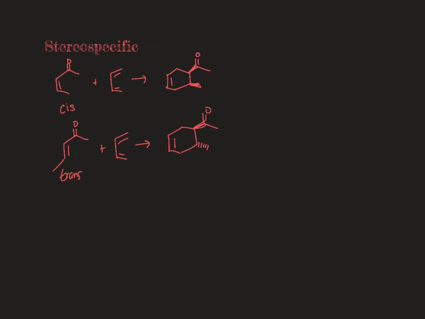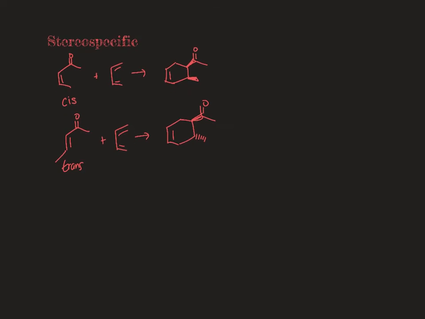Another thing is we're going to have what we call a difference between endo and exo products. So whenever we have a bicyclic product, which we will get when we start with a cyclic reactant, you're going to always form the endo product. So let's look at an example.